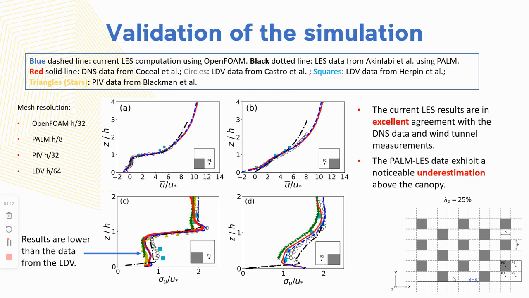A professor in Sweden mentioned that this kind of result may be due to the size of the simulation being too limited. But personally, I don't think so, because the PIV data performed by Blackman can also show this kind of difference. So I think this problem is due to the mesh resolution.